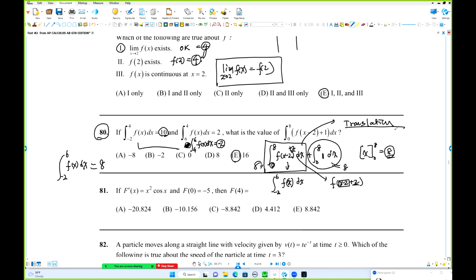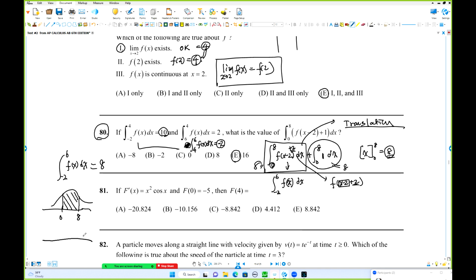Because they move all together to the left. It's the same area when you have this graph. You're going to find the graph from 0 to 8, this graph, this area, right?